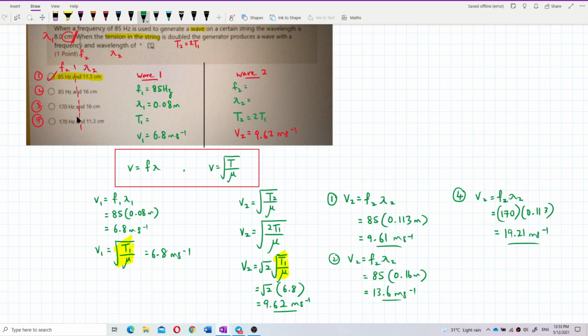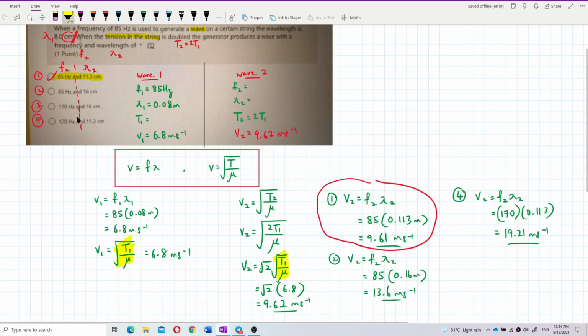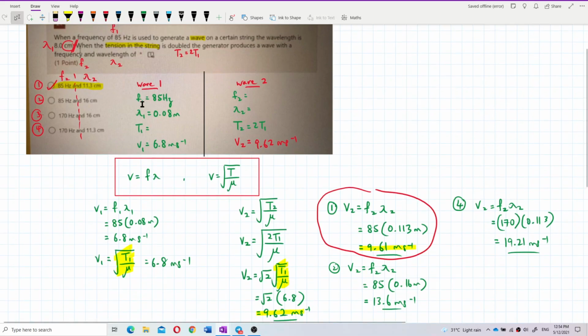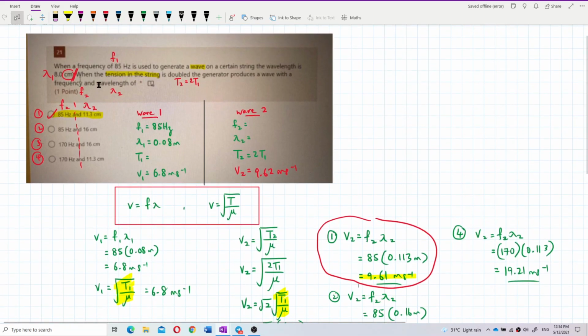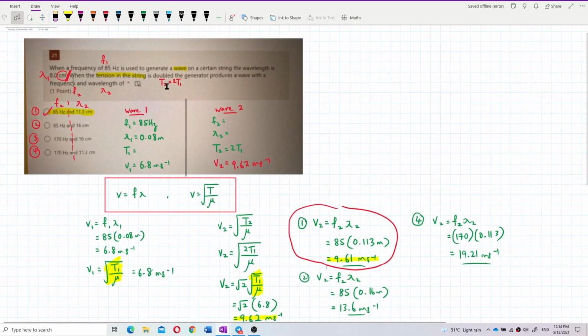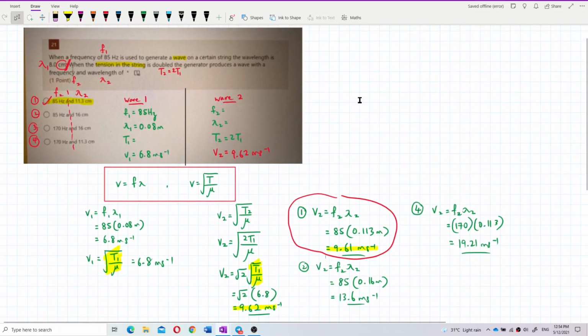So the answer should be the first one, because it has the same value, 9.62, 9.61. The rest are not possible because they are higher than the speed. It gives us 9.61 or 9.62 meter per second. So that's it for these questions. Very simple. Okay, bye.